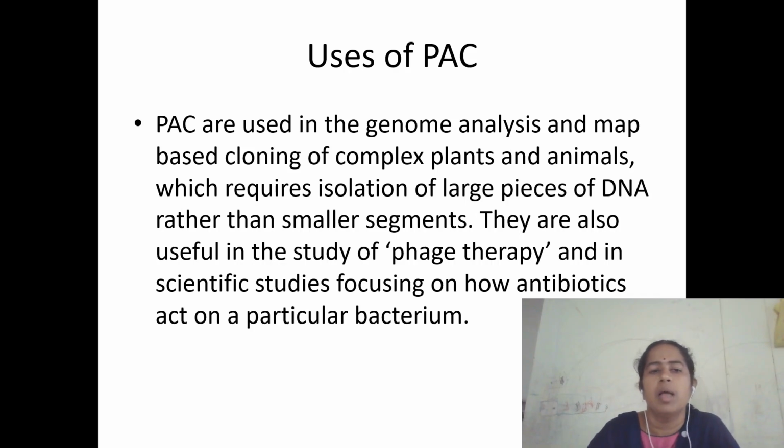Then the uses of PACs. It is used in genome analysis and mapping of complex plants and animals, and isolation of large pieces of DNA rather than small segments. They are also used in phage therapy and in scientific studies focusing on how antibiotics act on a particular bacteria.